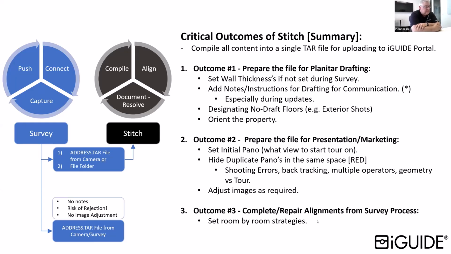Sometimes if you're trying to scan cubicles and everything's a six-by-six square, it's impossible to align it perfectly in the survey app all the time. But this gives you the ability to reassemble those rooms, reassemble that floor, realign everything that way, and set room-by-room strategies for how you want things to appear, if you got it wrong in Stitch.